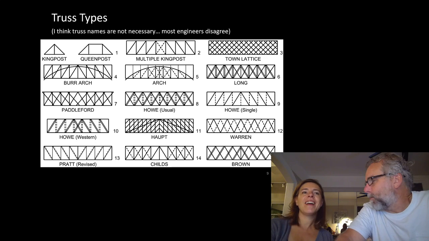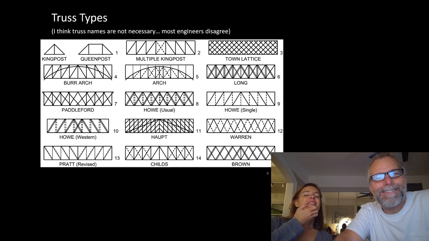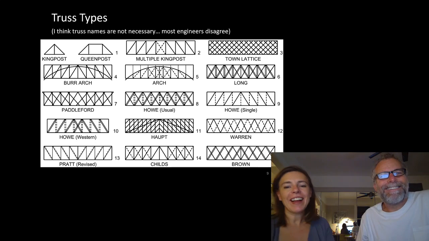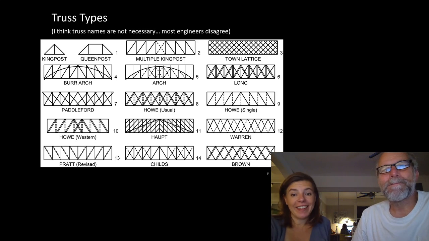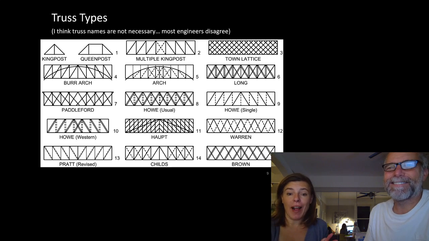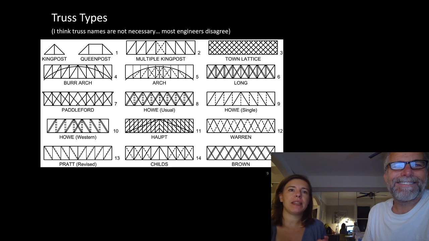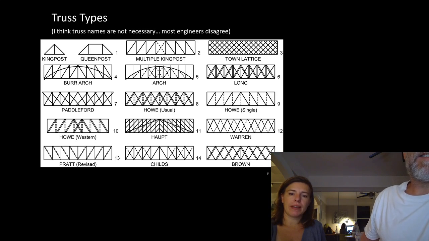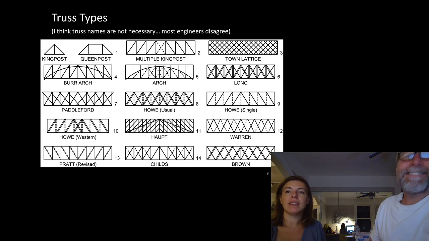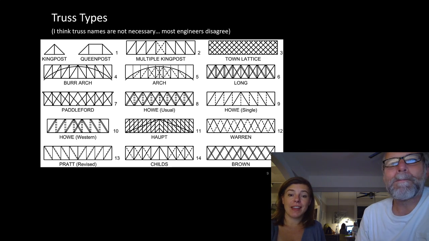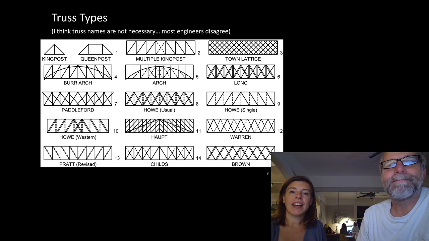Shannon, do you want to share your philosophy on truss names? Oh, I've shared that before. I think names are helpful. We like to name things. It makes it easy to reference what you're talking about. Engineers will memorize every single type of truss they possibly can. That seems slightly like overkill to me.